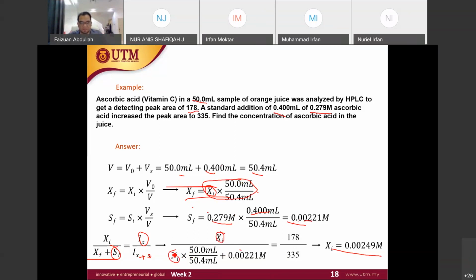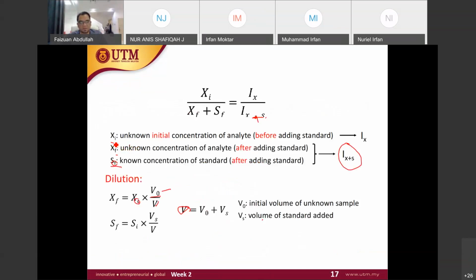We have XI, so then we can find XI. In the question we play around with the values. It's quite mathematical, but you need to know the formula. Okay, this is only acceptable for chromatography.